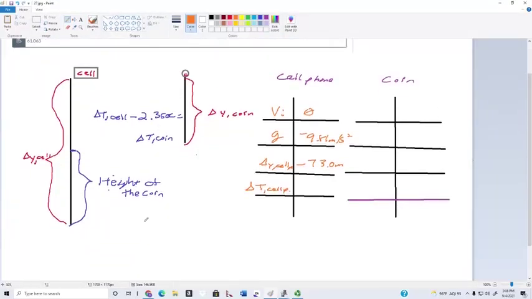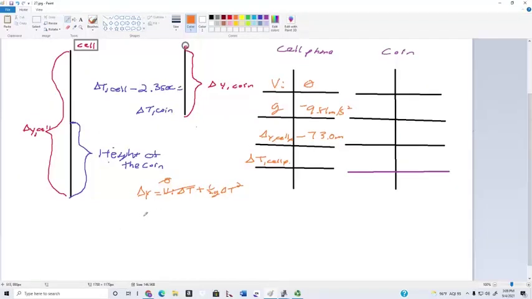We're going to need this equation: delta y equals vi delta t plus 1/2 g delta t squared. But vi is 0, so we can knock out that entire middle term. That gives you delta y equals 1/2 g delta t squared. We need to get t by itself.